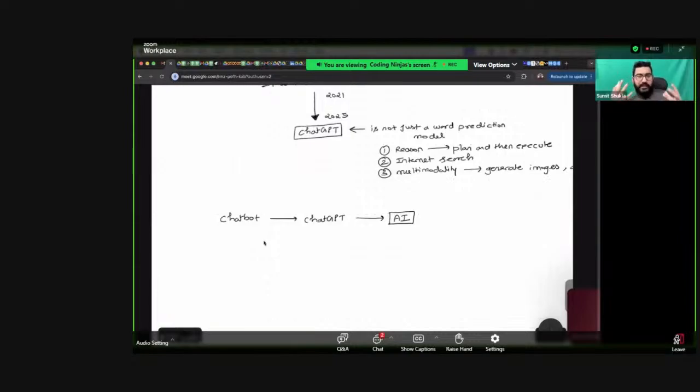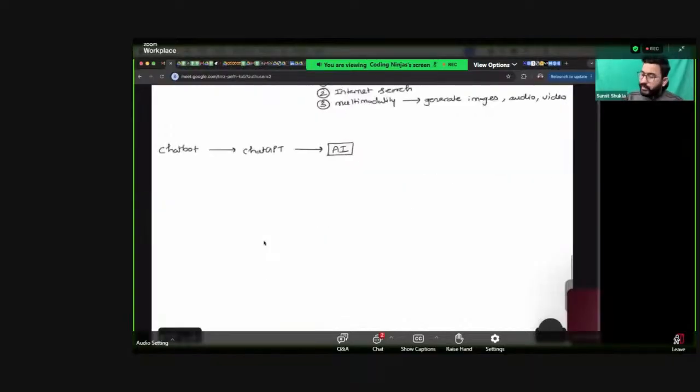AI basically is that sophisticated model which has the capabilities of human thinking, and it is able to generate not only text, but also images, videos, and audio. That is the AI which we use today. But this AI is basically an artificial brain.